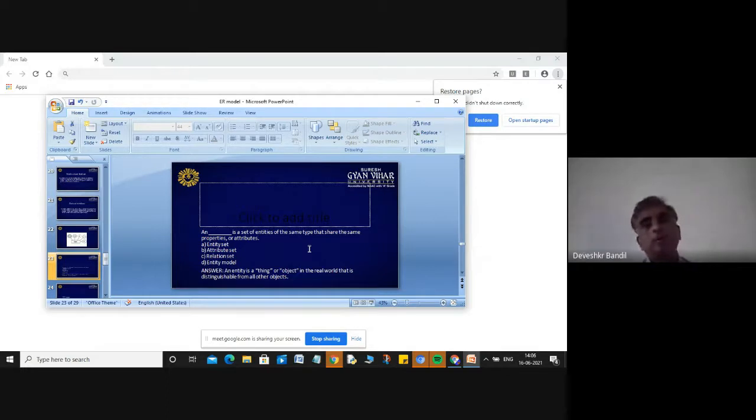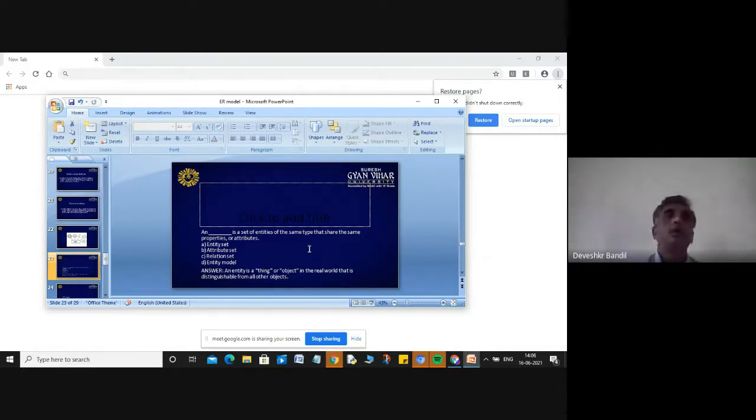Derived attribute means if your attribute is derived from another attribute, it is called a derived attribute. Your derived attribute is not directly present in your physical database, like your age. Age is your derived attribute.